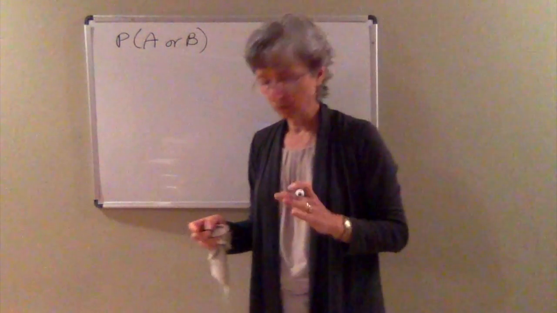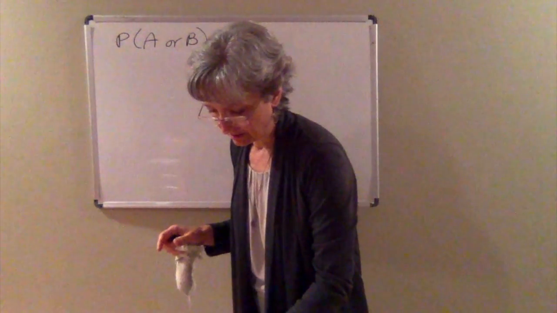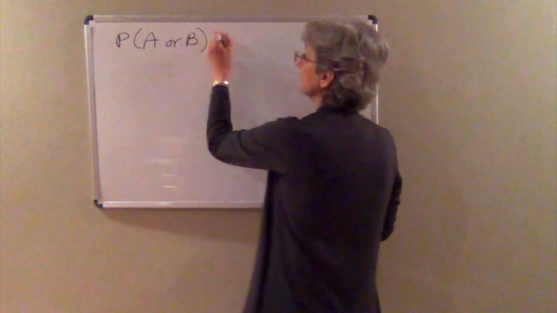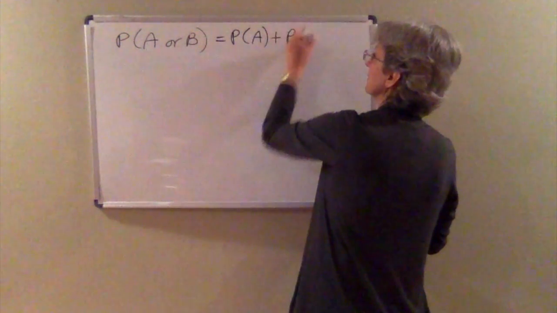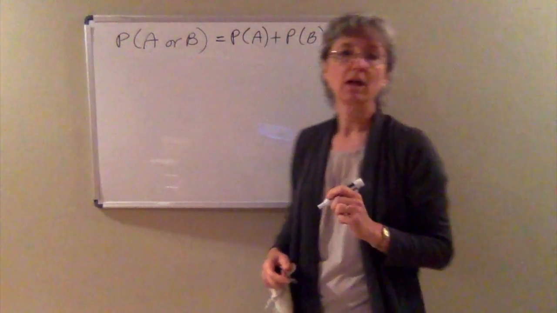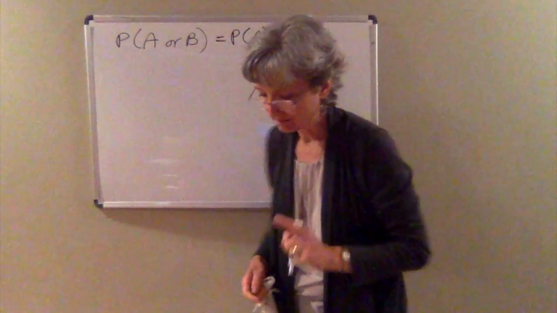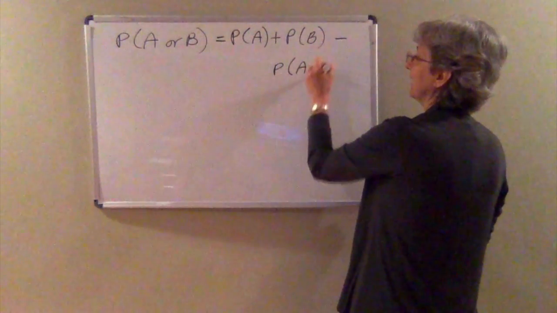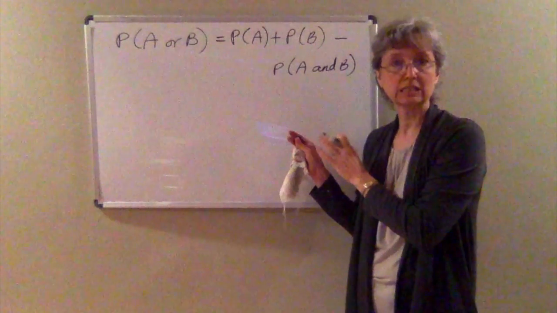So here's how you do that. Okay, so the probability of A or B is this. It's the probability of A plus the probability of B minus the probability of A and B. Okay, this is going to make sense in a minute.